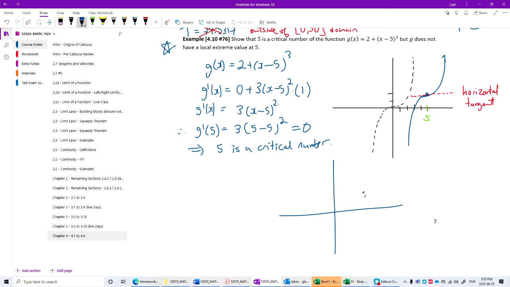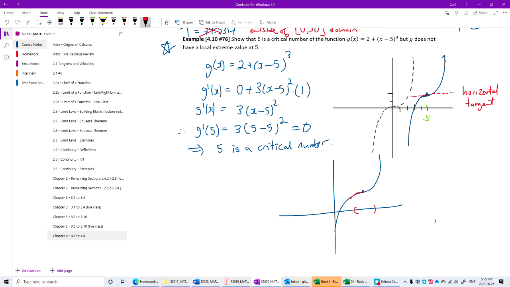The graph looks something like this, right? If I zoom in on this piece here, it's a little bit smaller to the left and larger to the right, right? It's smaller to the left and larger to the right.